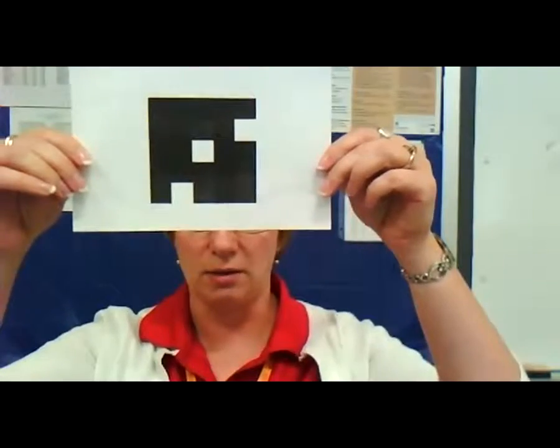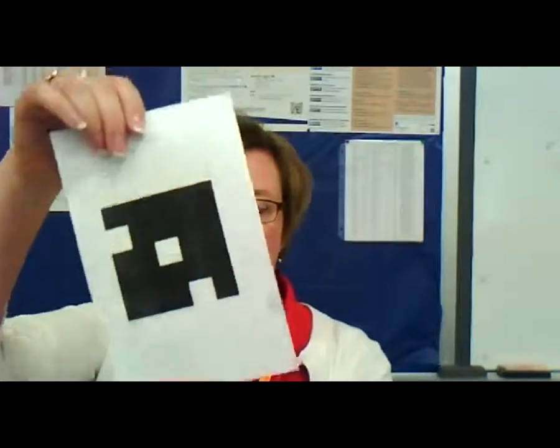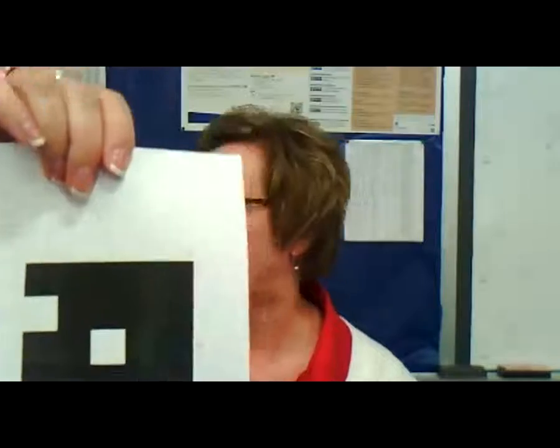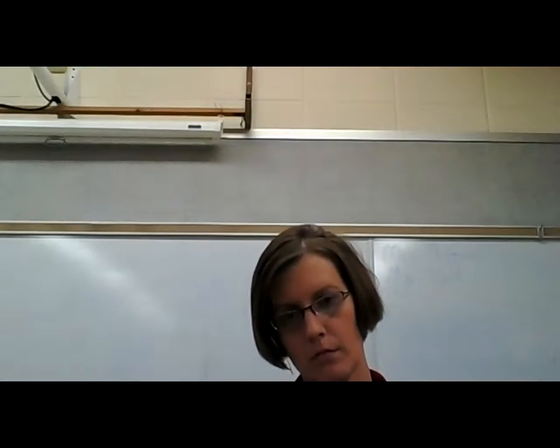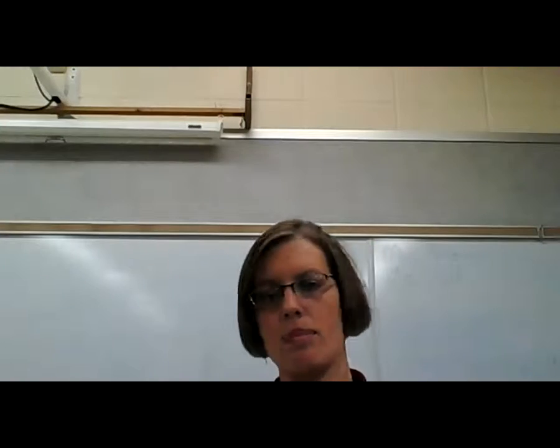This is called a Plicker card, and you can't see it from here, but trust me, there's a number on all of them, and then there's A, B, C, and D. So you turn this according to your answer that you want to give, multiple choice, A, B, C, or D, or you can do true, false. This is going to work for multiple choice and true, false questions, okay?